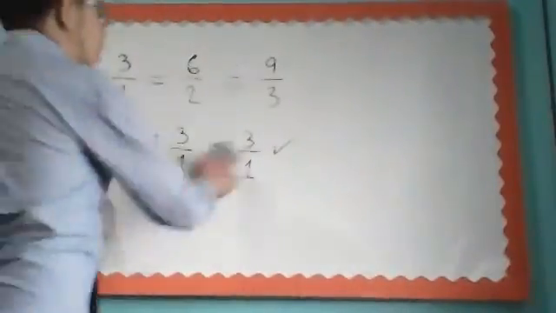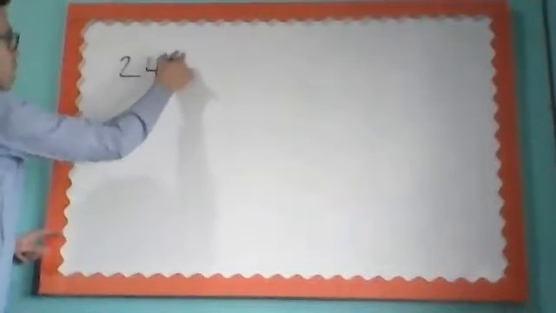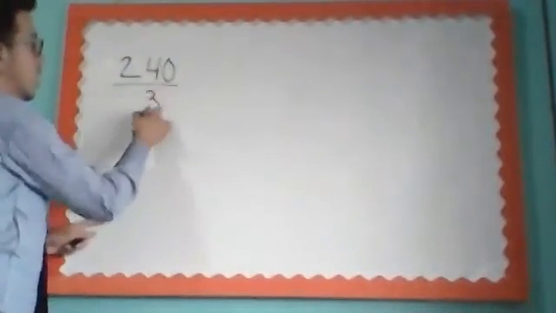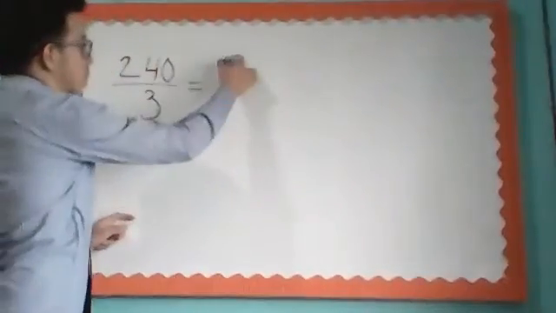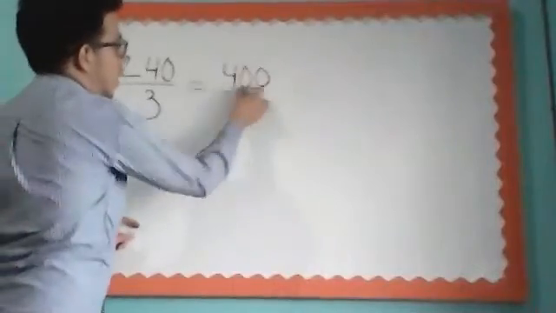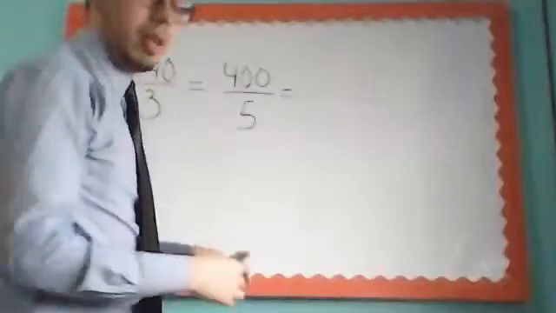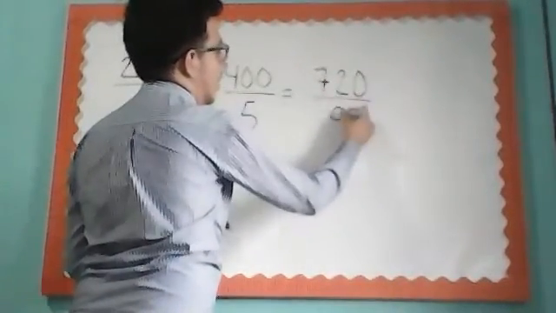Remember, they are asking you the number of tickets sold and the hours. So what is going to be on the numerator? The tickets sold, and you divide 240 over 3, the number of hours, equal 400 divided by 5 hours, and 720 in 9 hours.